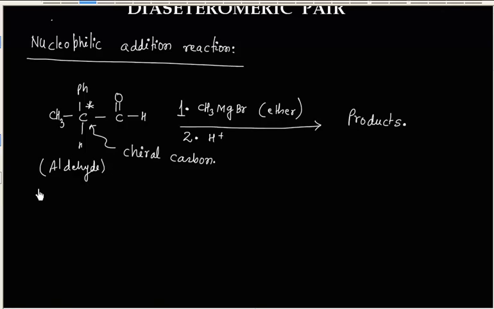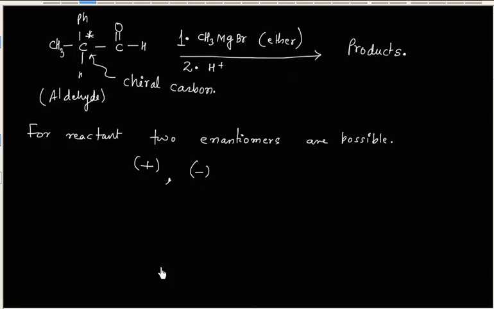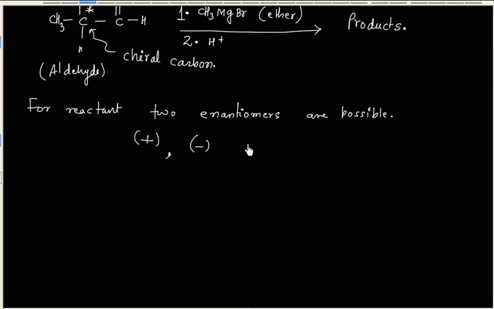So basically for reactant, two enantiomers are possible. One will have plus optical rotation and another will have minus optical rotation. That is, one will rotate the plane polarized light clockwise and another will rotate anti-clockwise.